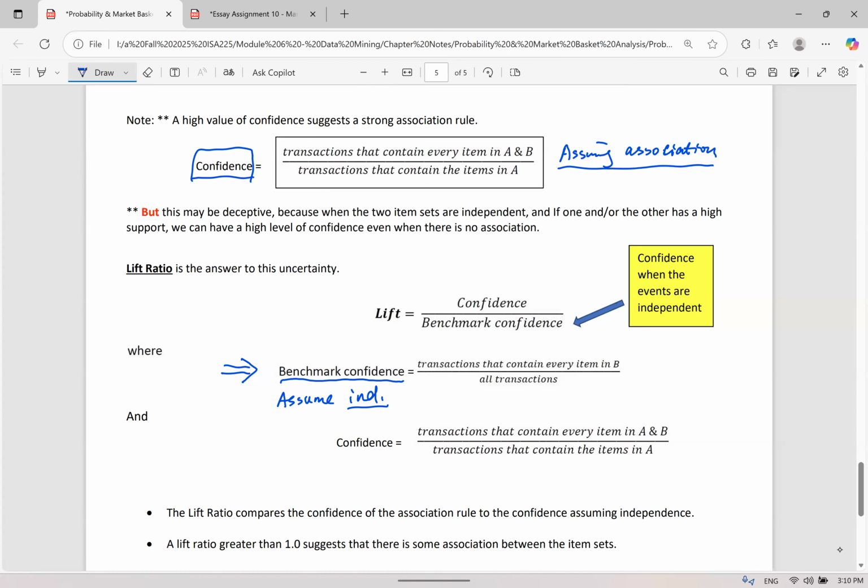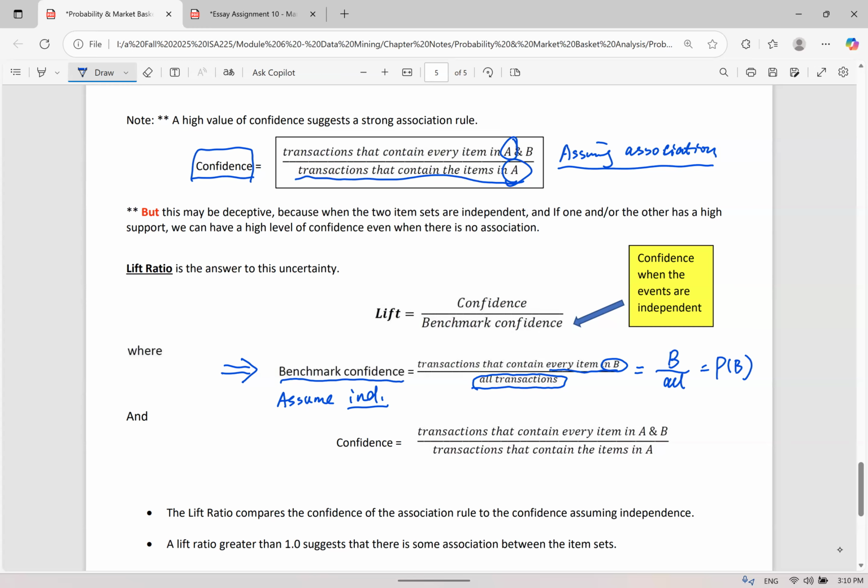So at the bottom of the confidence, I don't care about A, I just care about all the transactions. Similarly at the top, I just care about how many transactions contain B. So this benchmark confidence is just B divided by all the transactions. It's just the probability of B. I don't care about A, right?